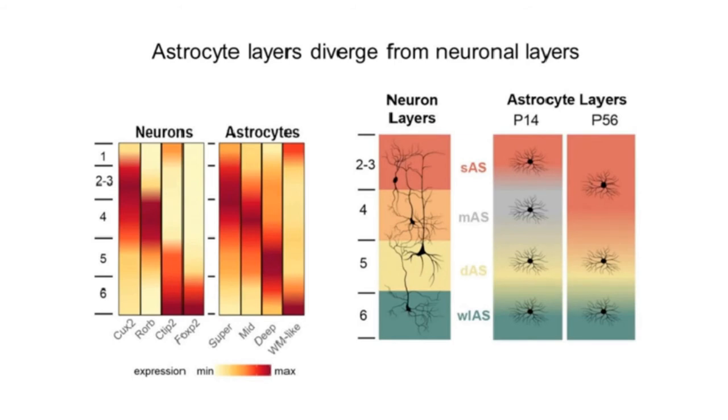So that's illustrated here. When we look at neurons, we see these well-defined neuronal layers with sharp cytoarchitectural and gene expression limits. In contrast, we think that astrocytes, in both the developing and the adult brain, exhibit as divergent layers that span multiple neuronal laminae.